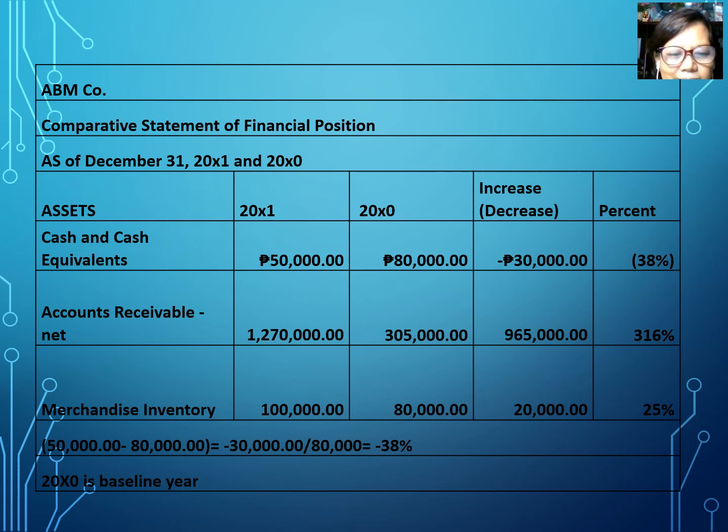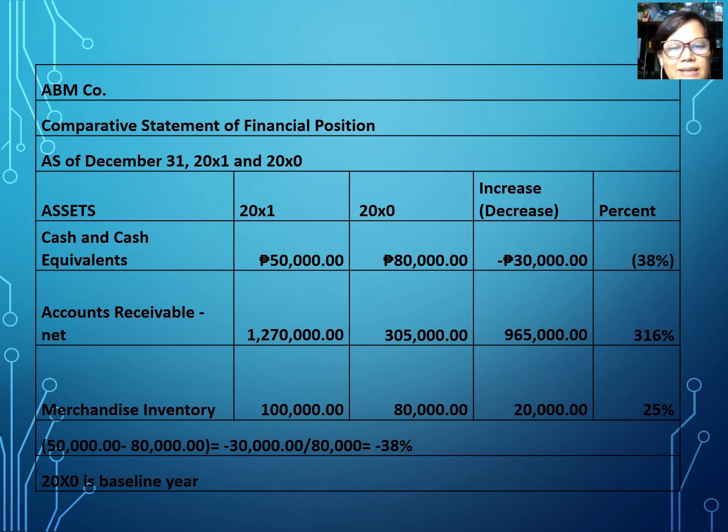So, what is our takeaway in this computation of horizontal analysis? The base year, or the earlier year, is to be deducted from the current or later year.